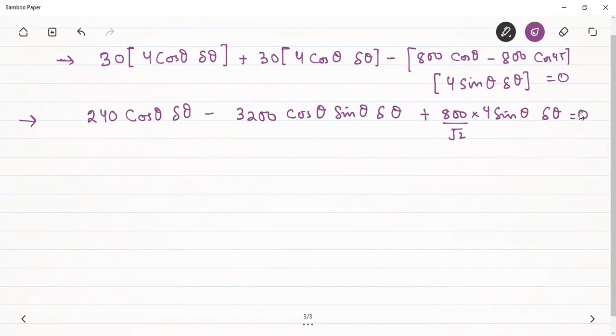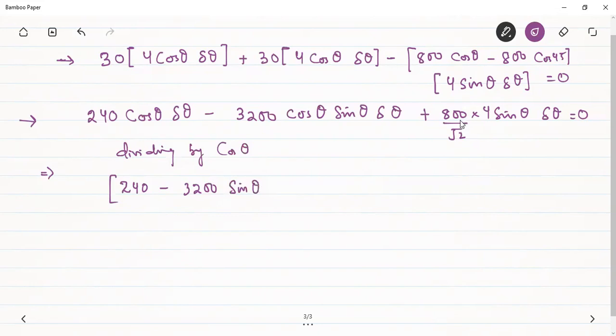So this has to be 0. If we divide them by cos theta, it will be 240, and taking this delta theta common, minus 3200. Cos theta will cancel with the cos theta in the denominator, and we will have sin theta.